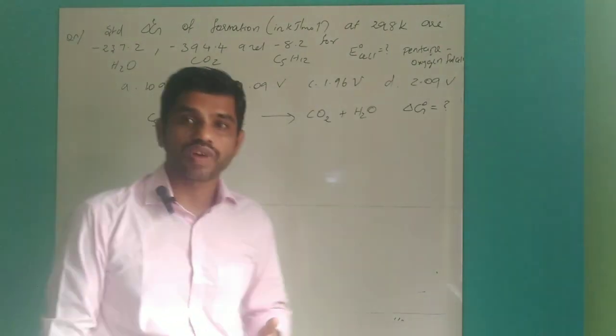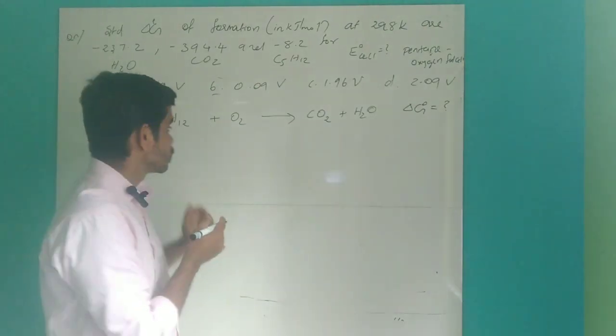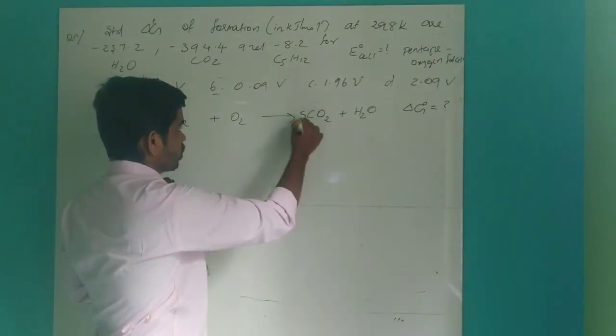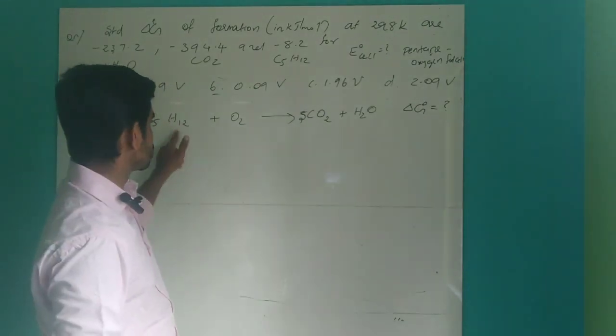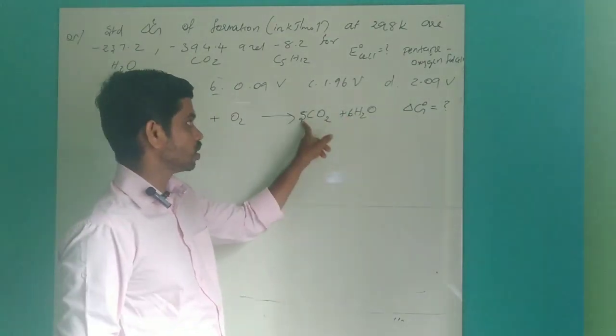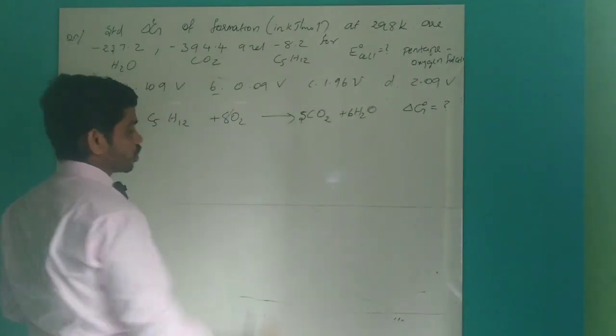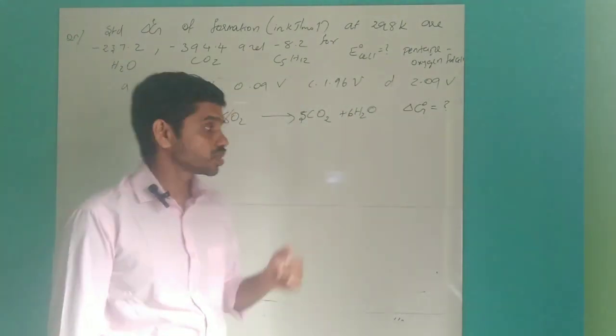From that you have to find out the EMF of the cell. So first you balance this equation. 5 carbons will give 5 CO2, 12 hydrogens give 6 water. So totally 10 oxygen plus 6 oxygen, so 16, so 8 oxygen. So this is a balanced equation for this reaction.